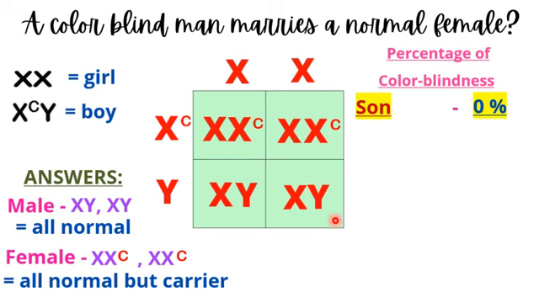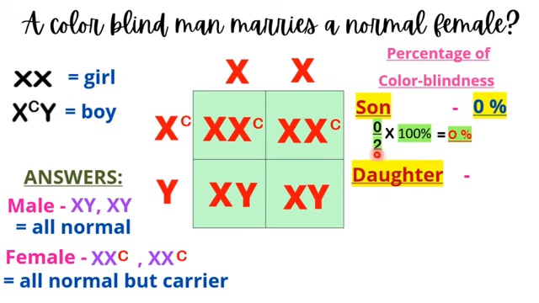And out of the two males, there is no one who is colorblind. So, 0 divided by the total number of sons, which is only 2, times 100 is equal to 0%.